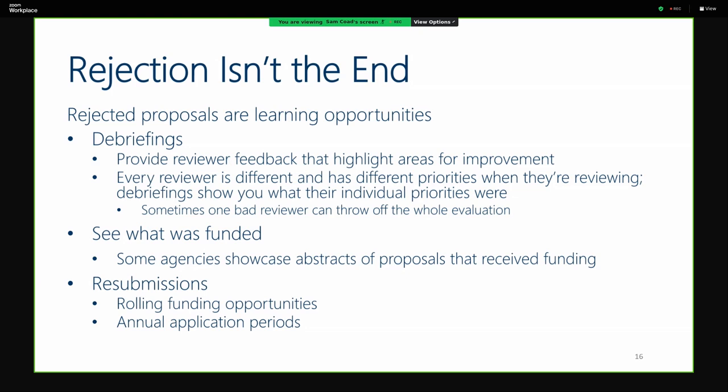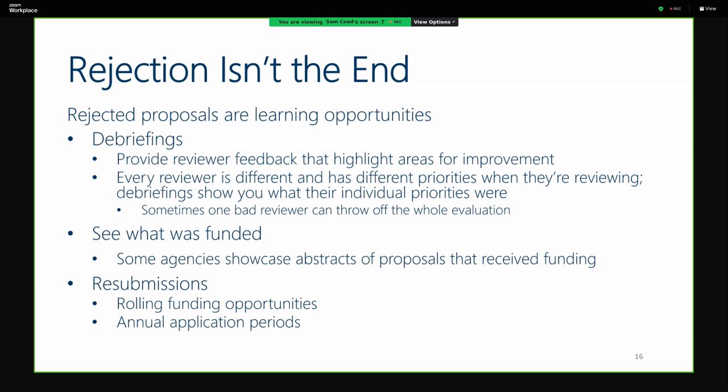Every reviewer is different and they all have different priorities when they're reviewing. So these debriefings can show you what each individual's priorities were. And it can also show you that your project is solid. It's just that sometimes you might get a bad review or two. So being aware of the types of comments that reviewers make or what they notice that you can improve upon in future applications can be very useful.